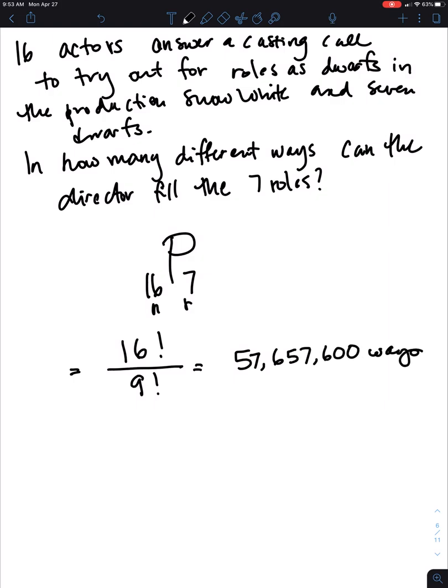That's how many ways they could fill those spots. Okay, I'm going to do it in my calculator right now because I want to double check myself. Yep, okay, there you go. So that's how you use the permutation counting formula.